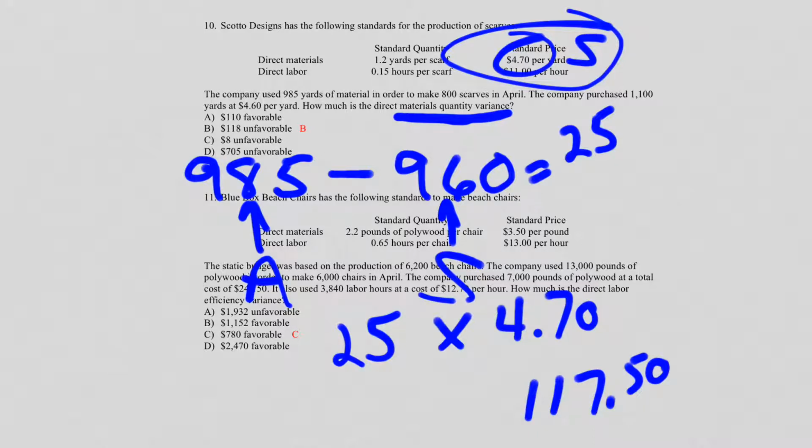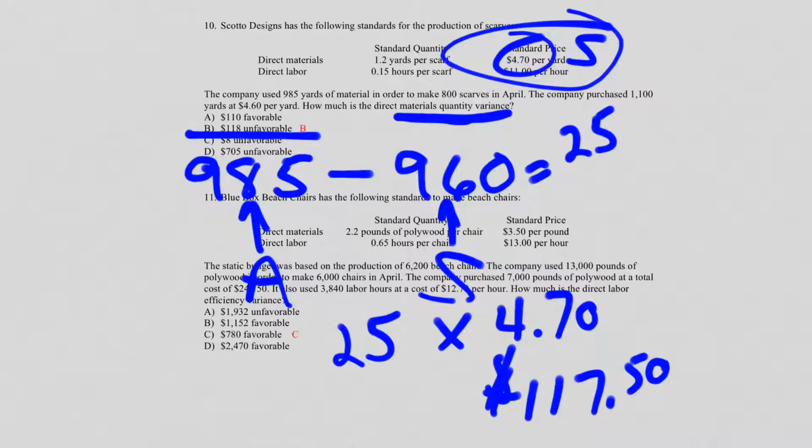That's going to be our unfavorable. Notice that the answer is 118. That's rounded for the unfavorable amount, and that's what she writes as far as how you do these problems. So again, you took the differential between the actual versus the budgeted or the standard amount times the dollar cost per yard, so you can quantify the material quantity variance in dollars and cents. So this is a dollars and cents number.